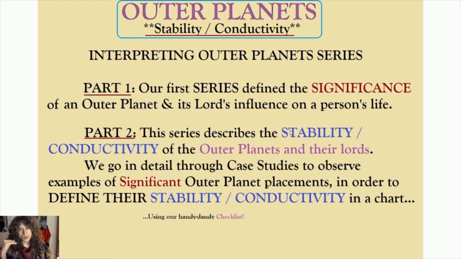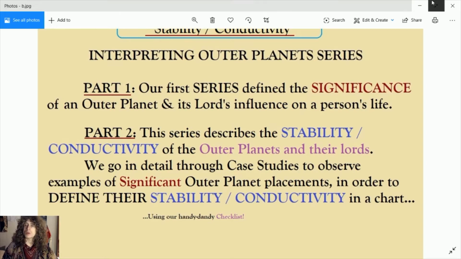This series is going to be talking about stability and conductivity of the outer planets because, as you might have intuited from our first series on the outer planets, in that series we talked about significance. How do you determine when there's a significant outer planet placement to an important planet in your astrology chart from the Vedic perspective and Vedic interpretation?